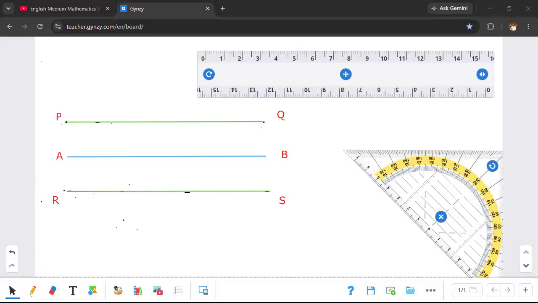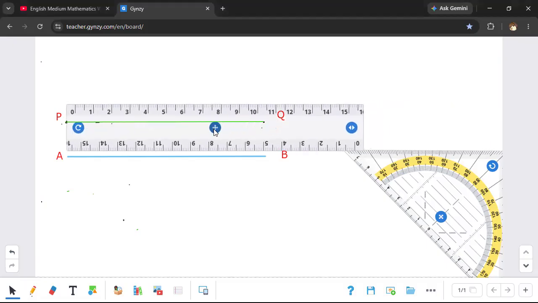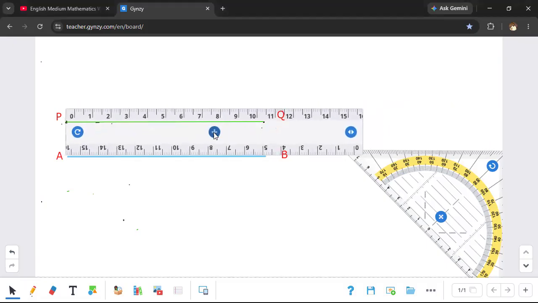Yeah. First of all, you need to place your ruler on top of AB, exactly coinciding your ruler with the AB line.